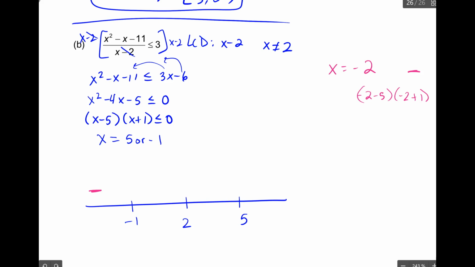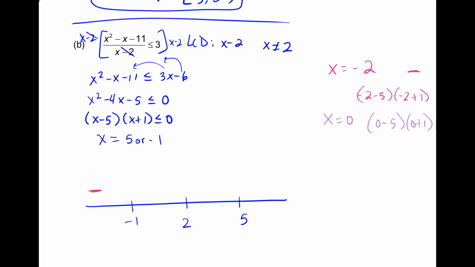If I plug in x equals 0, 0 minus 5 and 0 plus 1. Oh, wait. Did I mean negative? Yeah, I did. Because that was plus 1, negative. Negative times negative is positive. Oh, shoot, did I mess up?